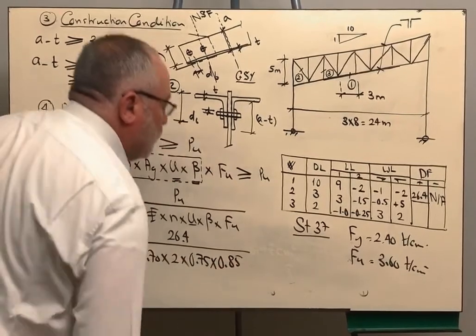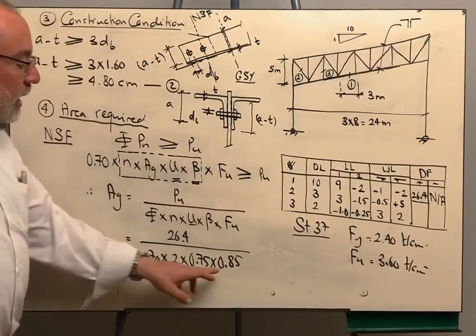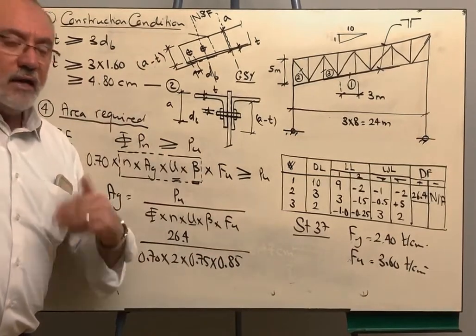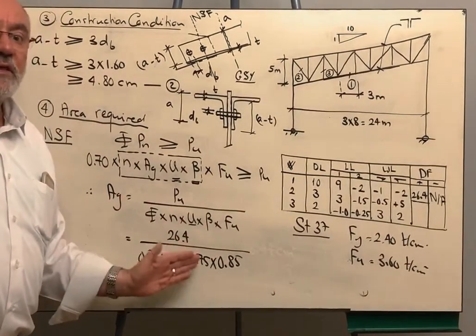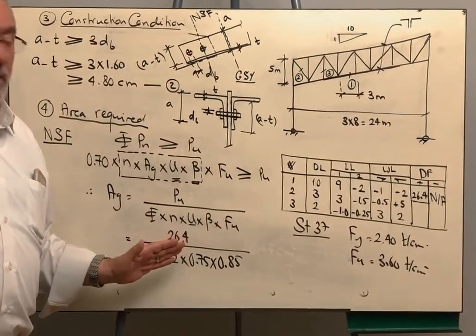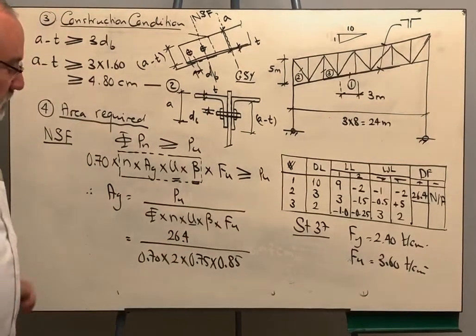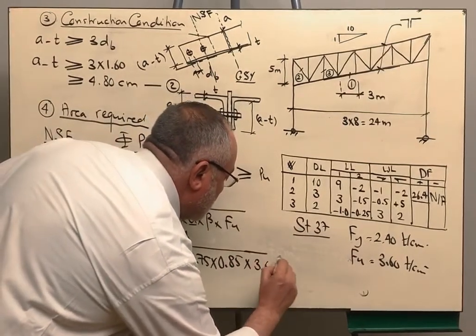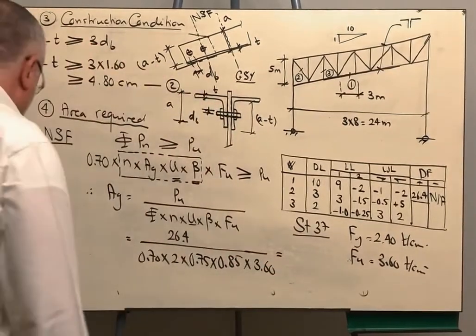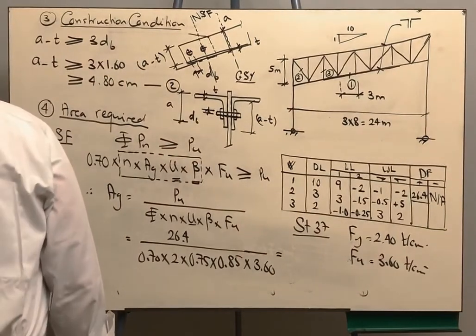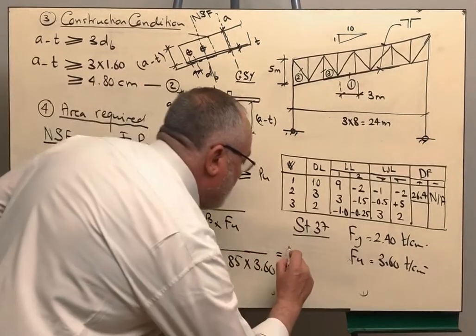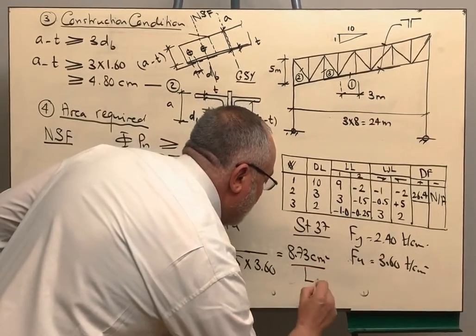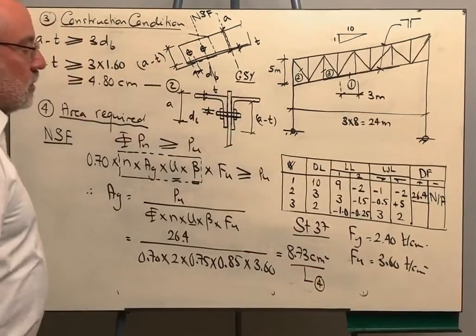As long as you did this approximation, you will have to check later on after you select the angle that this limit state is really satisfied. And of course, F ultimate is 3.6. From there we get the area and it will be 8.73 centimeter square, and this is condition number 4.